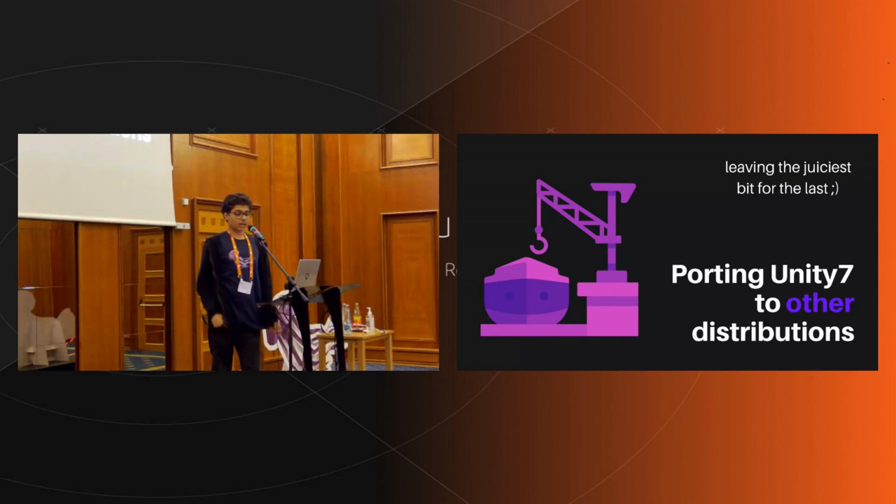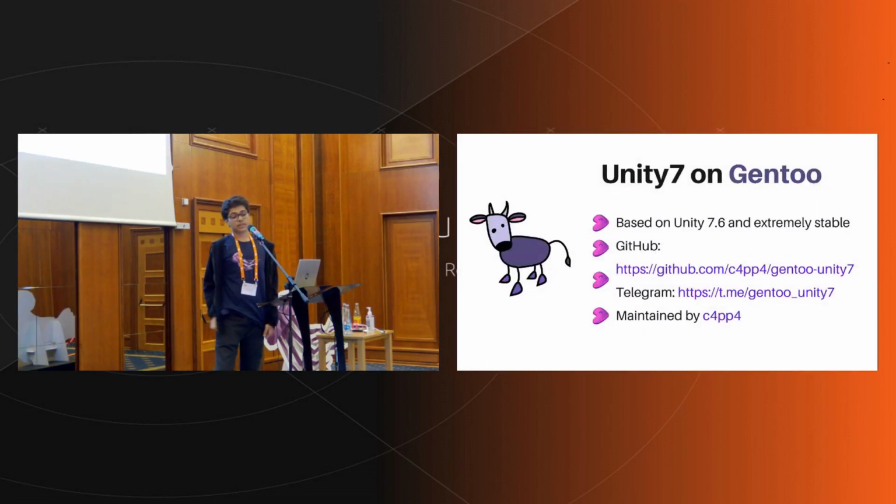Also, porting Unity 7 to other distributions. Unity 7 is actively being ported to other distributions such as Fedora, Gentoo, and Arch. So beginning with Unity 7 on Gentoo. This port is based on Unity 7.6 and is extremely stable. I would have presented from that, but since this is a 10-minute talk, I won't have enough time to show Unity 7 running on Gentoo.